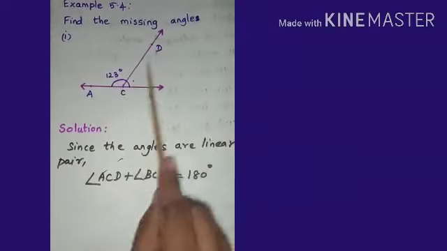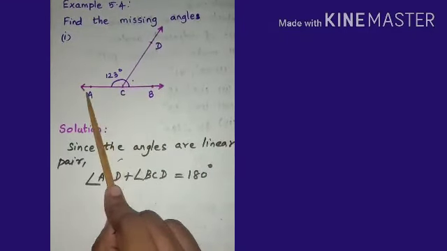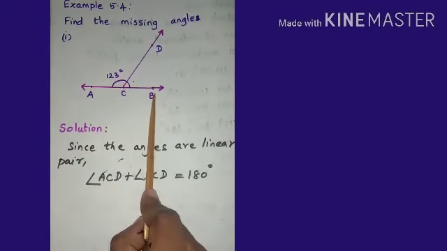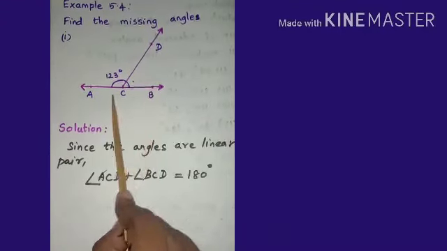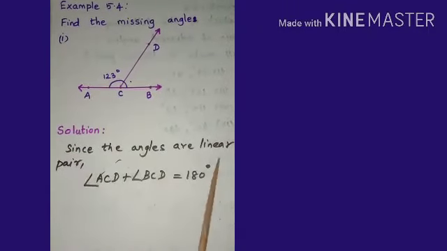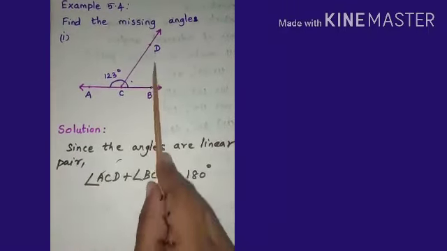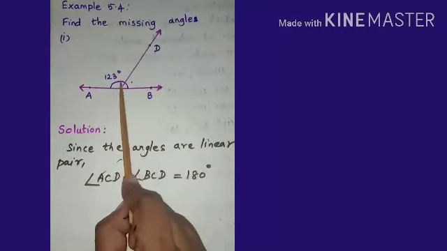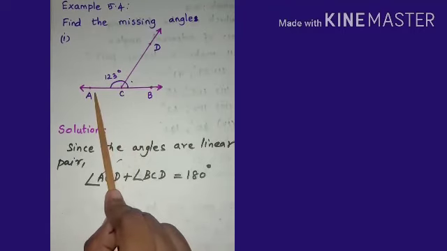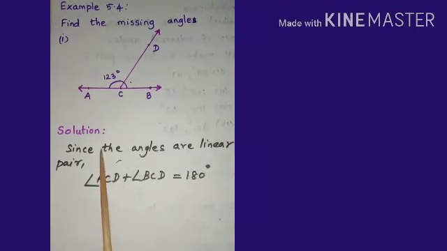Friends, find the missing angle. So here ACD is 123 degree is given, and here we need to find angle BCD. Since the angles are linear pair, it means adjacent angles which are supplementary are called linear pair.